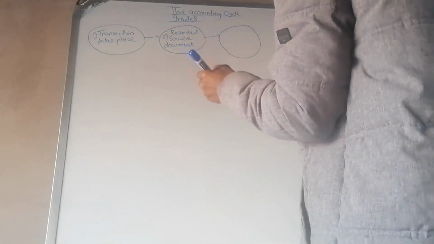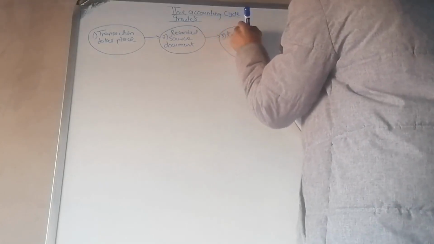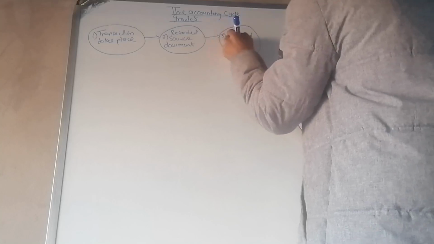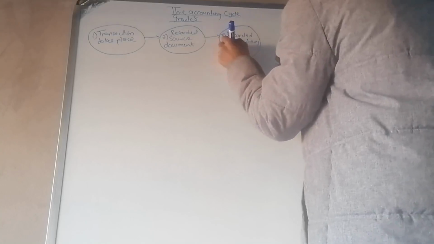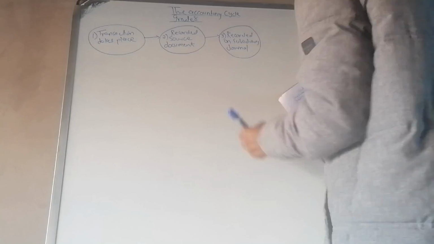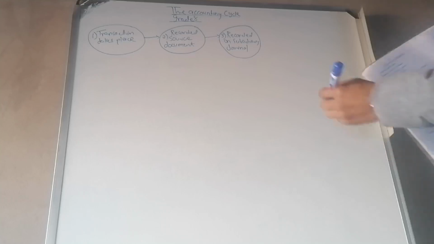The information is recorded on a subsidiary journal. And then once that information is recorded on a subsidiary journal, it goes from that subsidiary journal and is recorded in a general ledger.